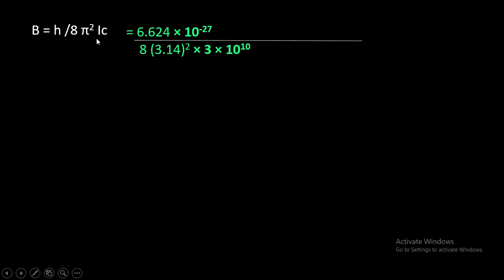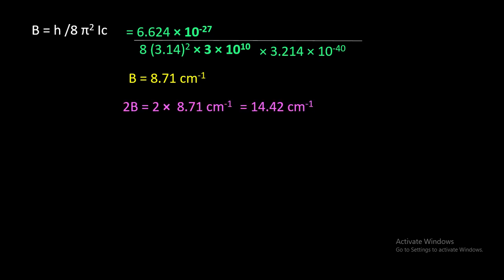Putting the values of h, pi, I and c in this equation, it becomes 6.624 into 10 raised to minus 27 upon 8 into the value of pi, that is 3.14 square, into 3 into 10 raised to 10, then 3.214 into 10 raised to minus 40. Now that equals 8.71 per centimeter. Therefore, the distance between the two lines, that is nothing but 2b, is 2 into 8.71, which equals 17.42 per centimeter.